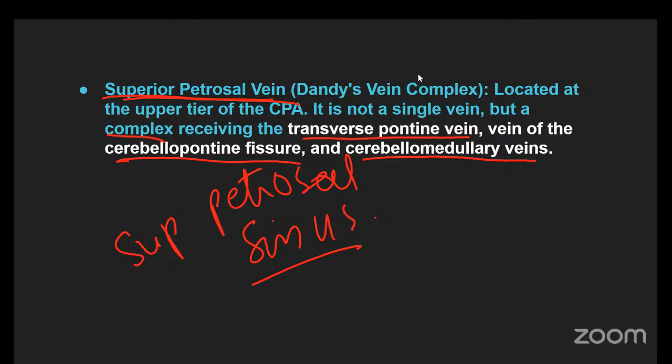Please note that this is not the vein of the cerebellomedullary fissure. That is a different vein. These are smaller cerebellomedullary veins, right? 3 structures. And let's look at this image.